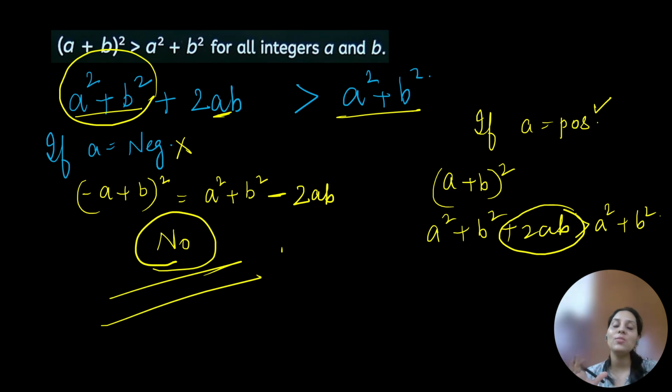All integers means a, b can be negative as well. So the answer is false. But if they had asked only for natural numbers, which start from 1 onwards, and both a and b are positive, then the statement would have been true. But since it is for all integers, the statement is false.